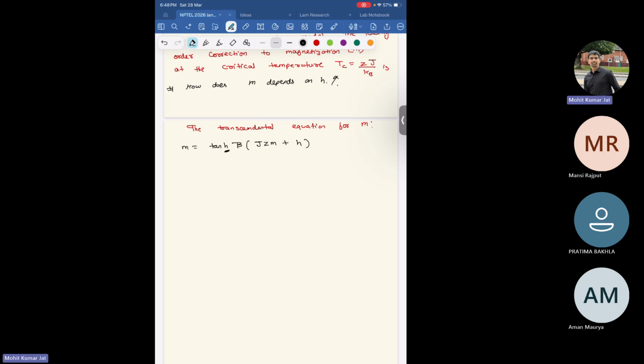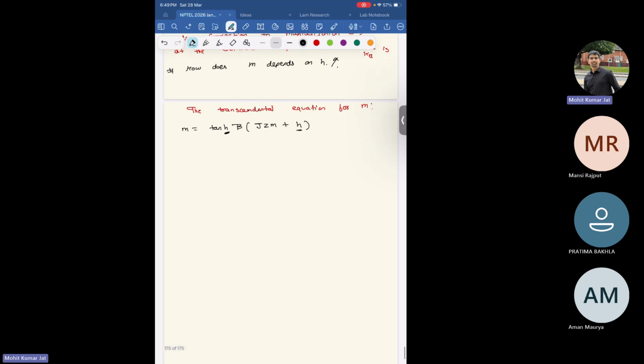You should remember this tanh is different compared to this magnetization. If you take the tanh inverse on both sides, what you receive is tanh inverse M equals beta times (JZM + H).